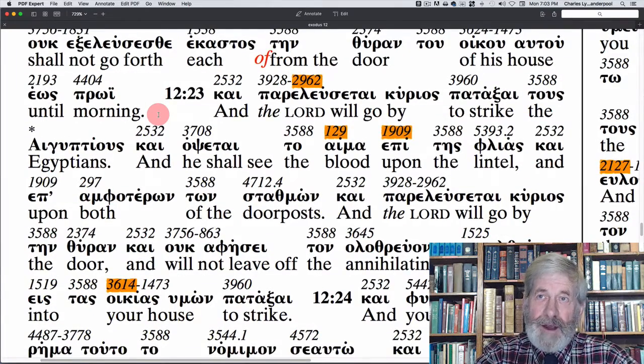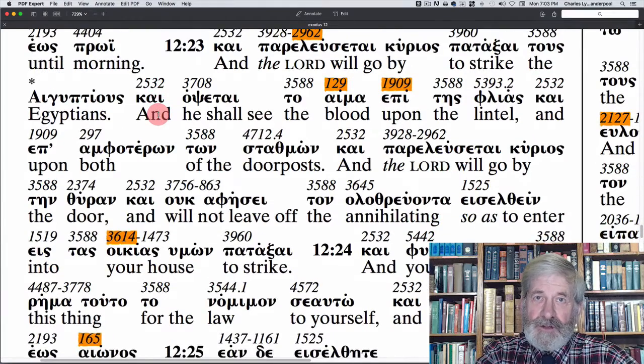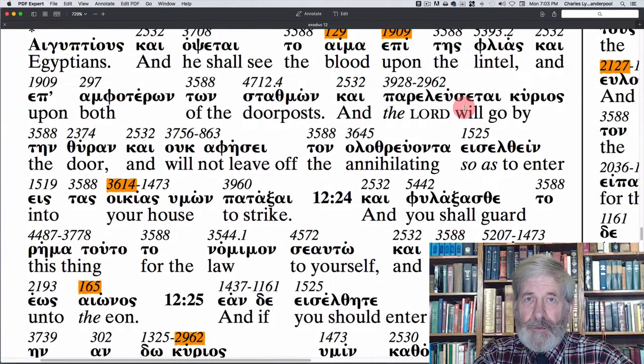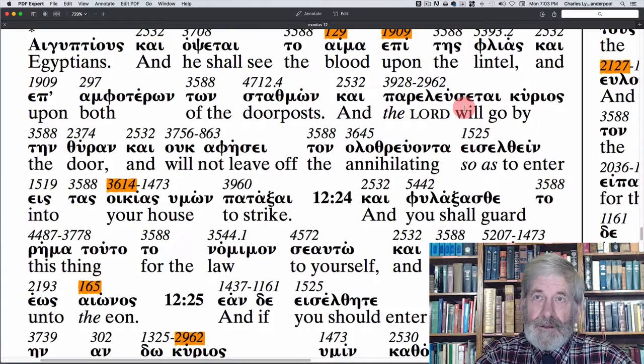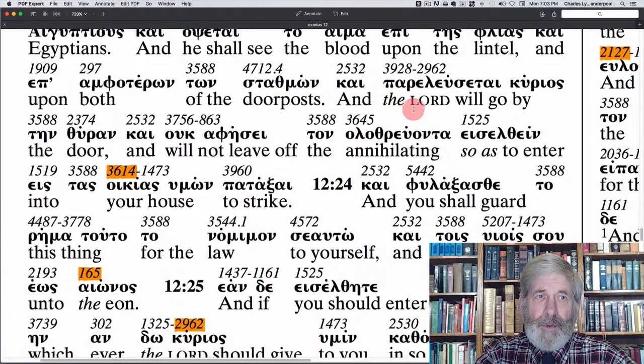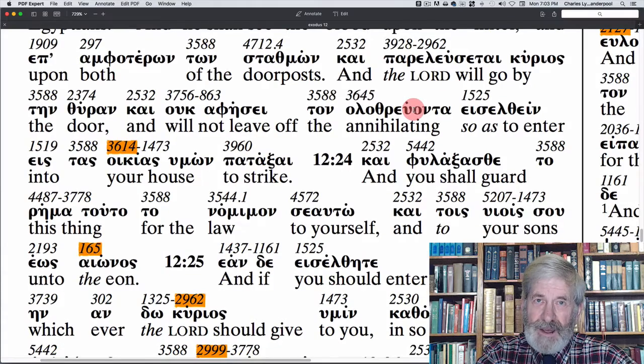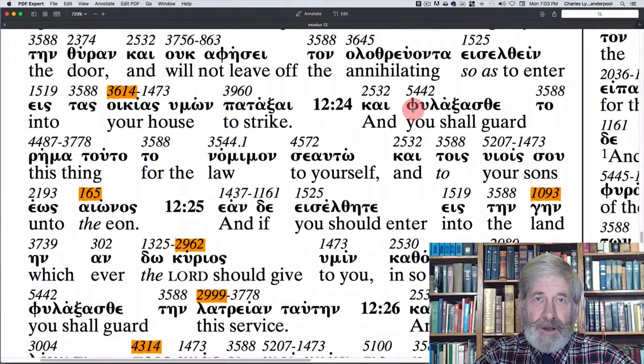And the Lord will go by to strike the Egyptians, and he shall see the blood upon the lintel and upon both of the doorposts. And the Lord, the Kyrios, will go by the door and will not leave off the annihilating, so as to enter into your house to strike.